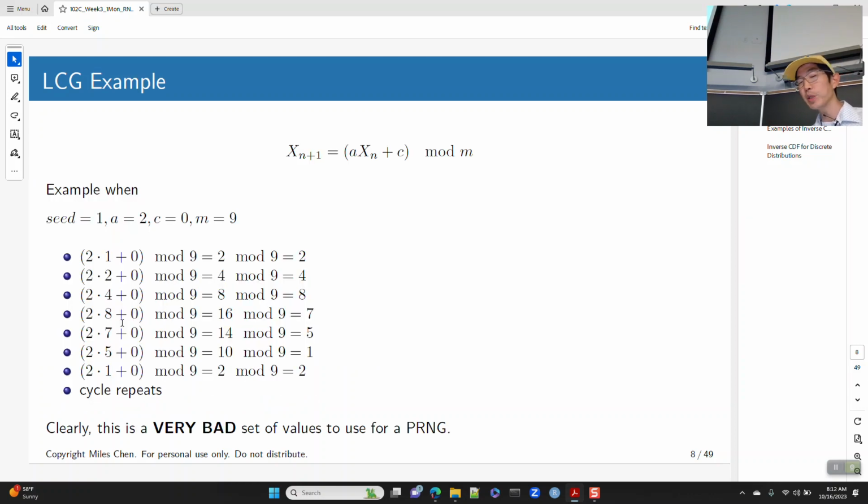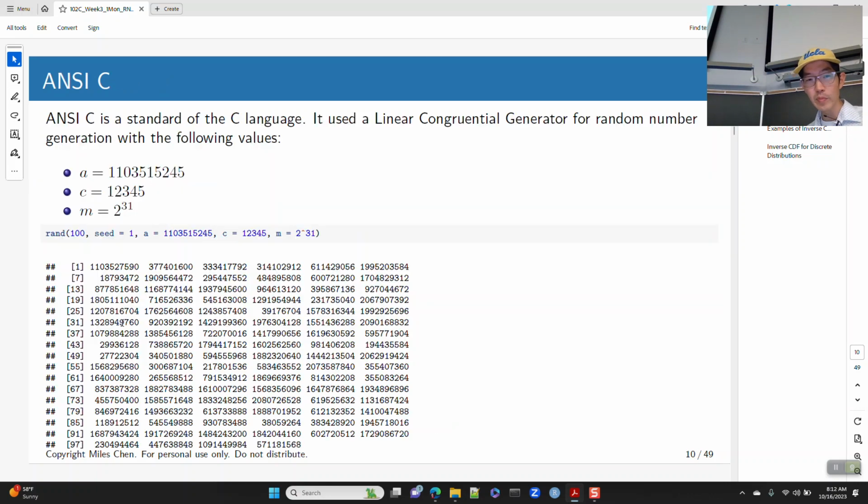But despite this being a terrible example, using these constants, 2, 0, and 9, if you had different numbers, it could actually generate something that looks quite a bit like a random number. And so if you use this value for A, this value for C, and this value for M, it's going to generate a whole bunch of numbers, and these numbers will act kind of pseudo-random.